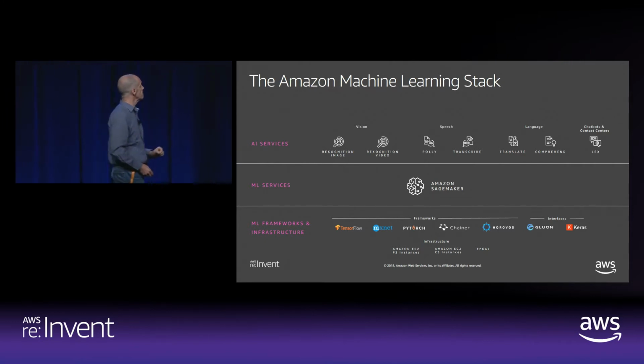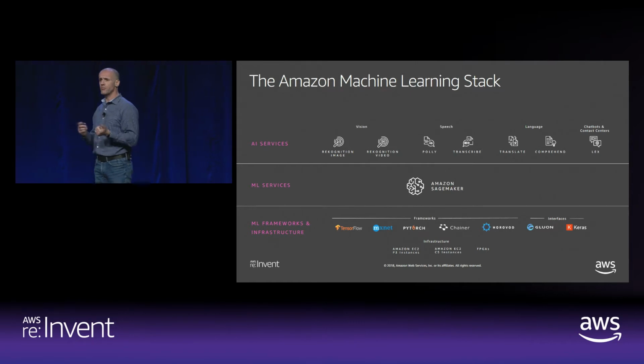We have speech generation like Polly that can now speak in multiple languages, multiple dialects, multiple accents, and Transcribe that allows AWS customers to recognize spoken words and spoken language.